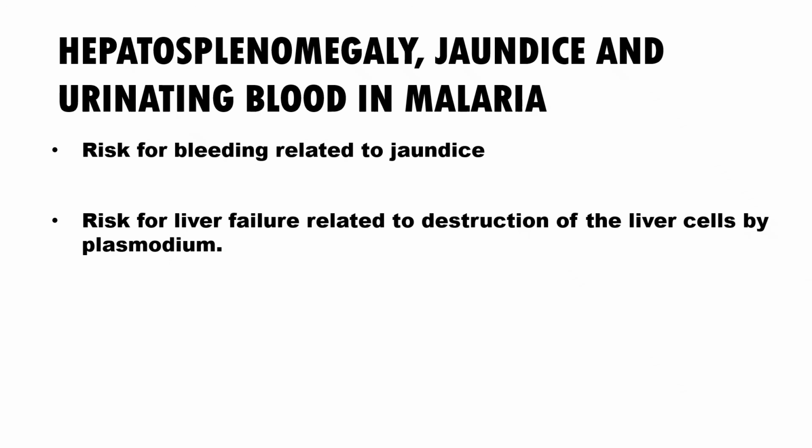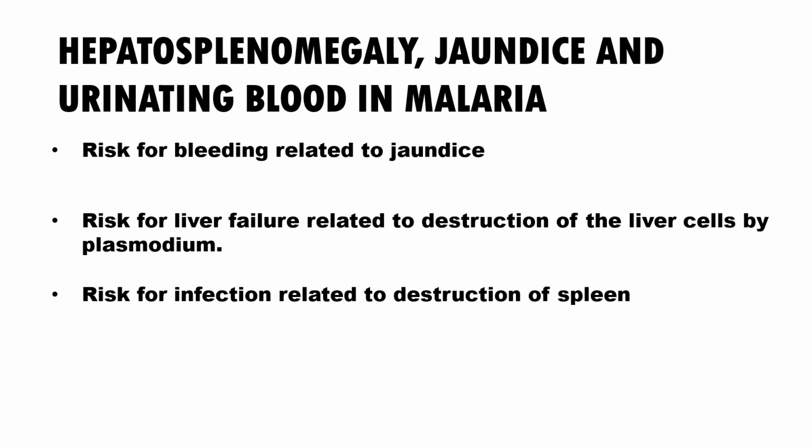Remember, the plasmodium, they grow in the liver cells, and then they burst. If they continue, then they bring hepatosplenomegaly. If not treated, it can cause liver failure. We have risk for infection related to destruction of the spleen. Spleen is one of the immune system organs that fight against infection.